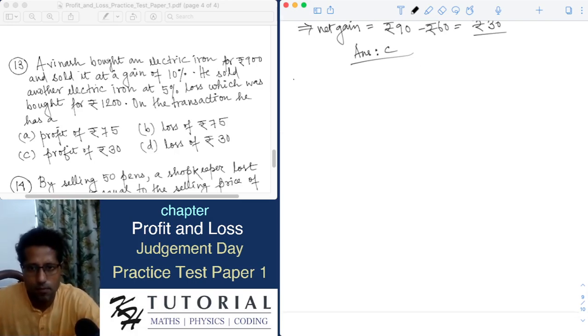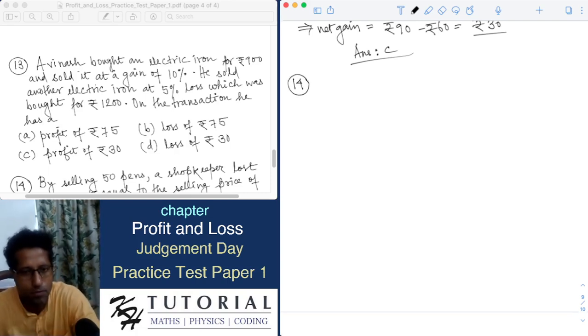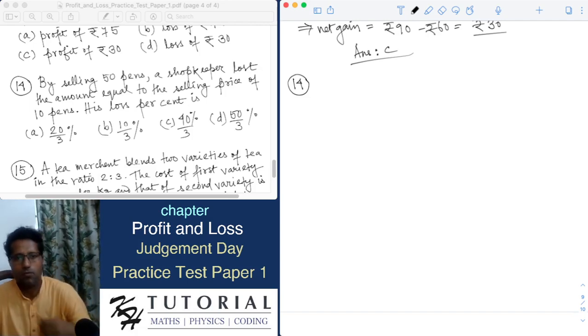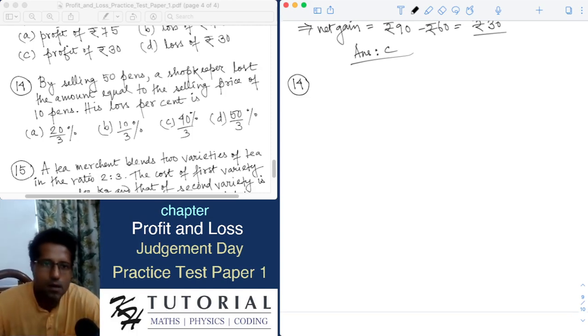Let's do problem 14. Problem 14 says that by selling 50 pens, a shopkeeper lost the amount equal to the selling price of 10 pens. By selling 50 pens, a shopkeeper lost the amount equal to the selling price of 10 pens. His loss percentage.